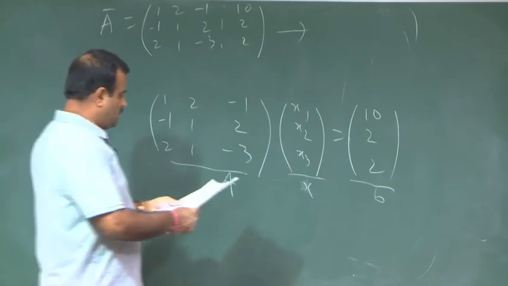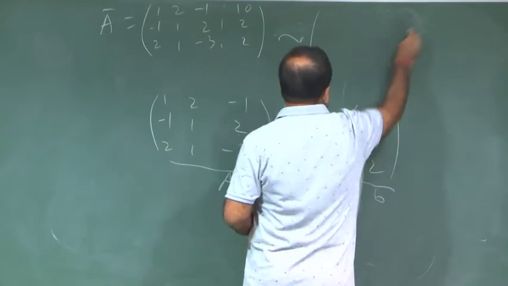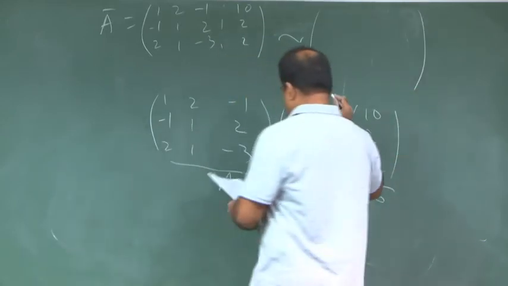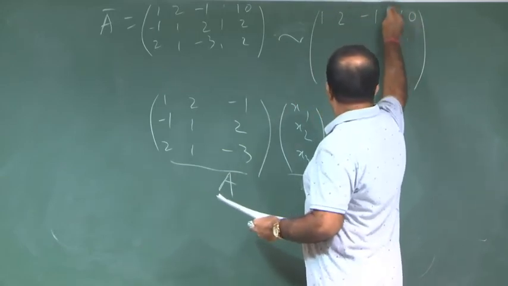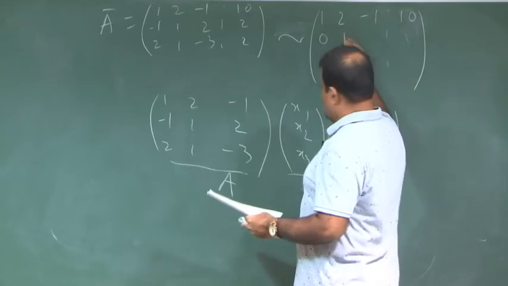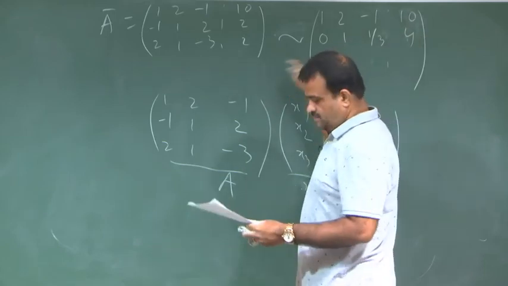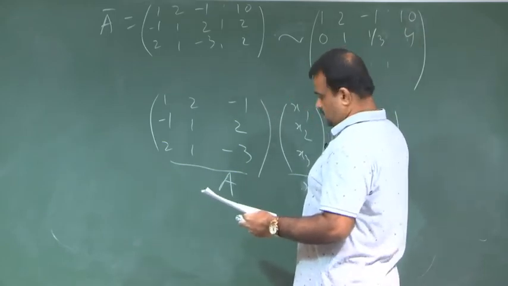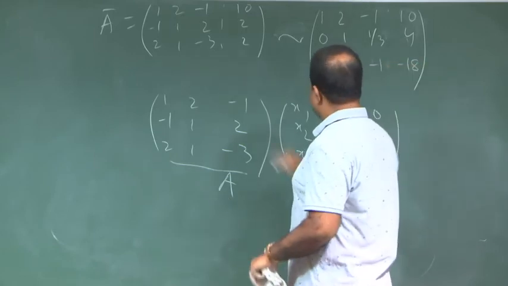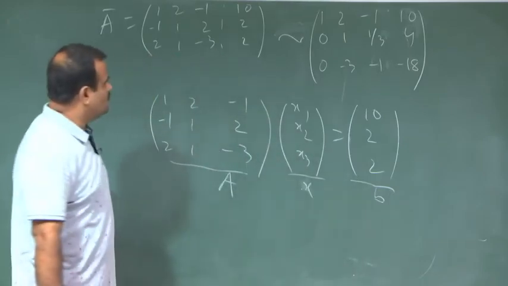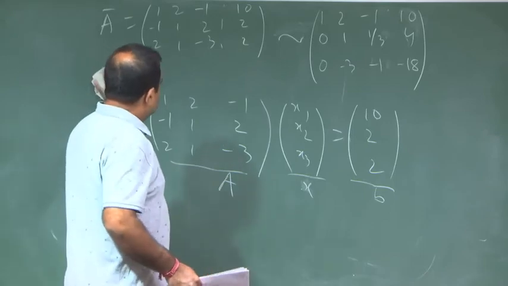Like this, if you do the row operations, eventually we will get the row reduced equivalent matrix: 1 2 minus 1 0, 0 1 1 by 3 4, and 0 minus 3 1 minus 1 minus 18. I am just skipping this part; by doing just the row operations on this matrix we will get this matrix.